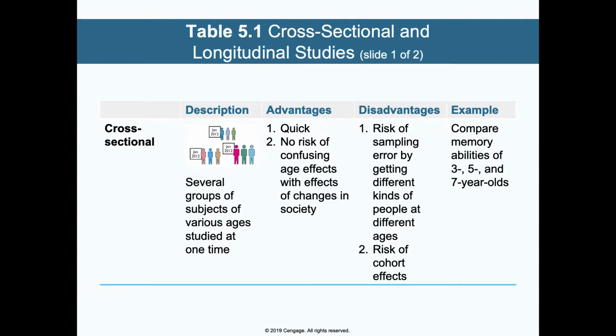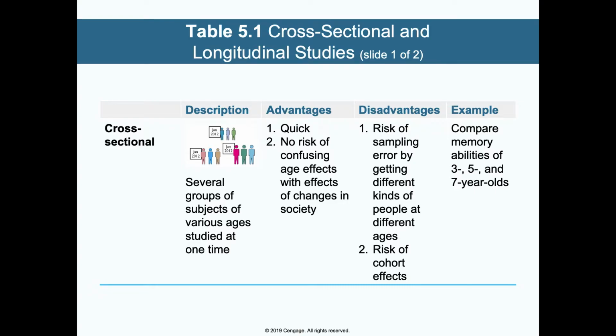The disadvantage is that we risk what's called sampling error, by getting different kinds of people at different ages, who might not be a true representative sample. That's one of the disadvantages. As a result, we also risk what we call cohort effects.